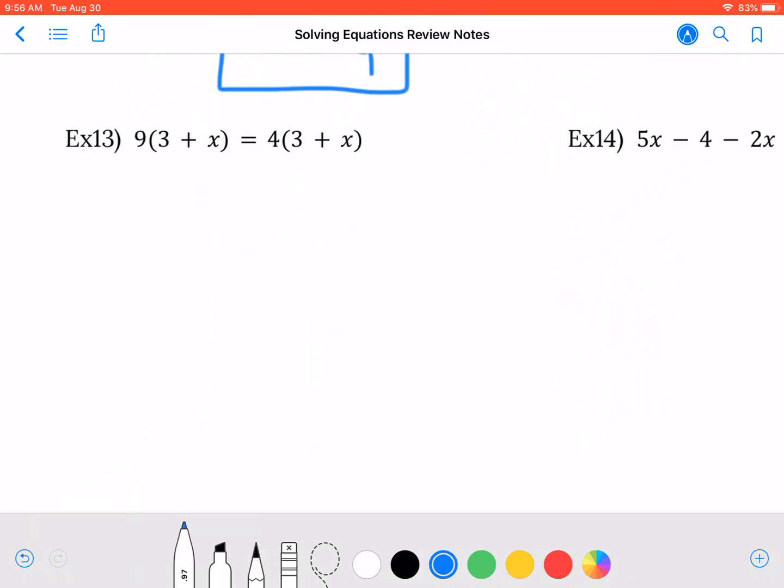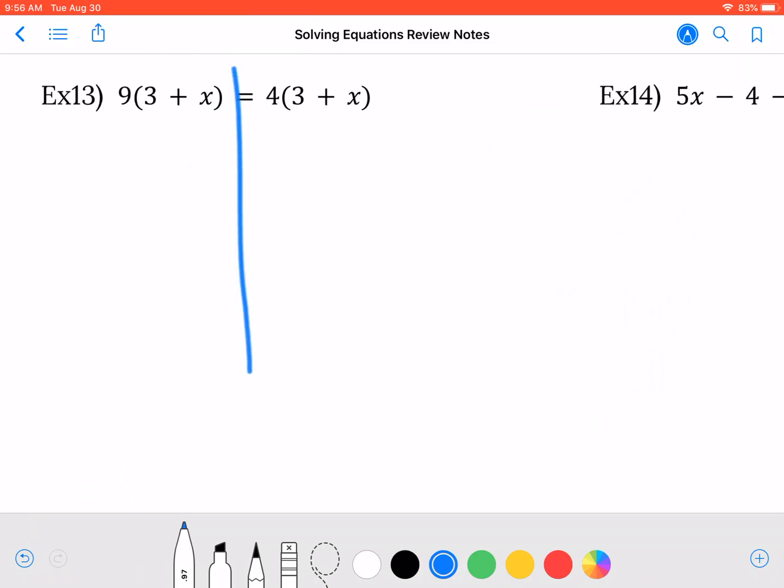Okay, 2 more. Cruising through these quick here. So distributive property again, we have distributive property on both sides here. So that becomes 27 plus 9x equals 12 plus 4x. Now we're going to bring my variables all to one side.